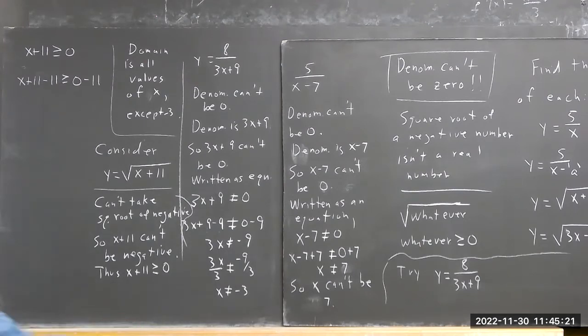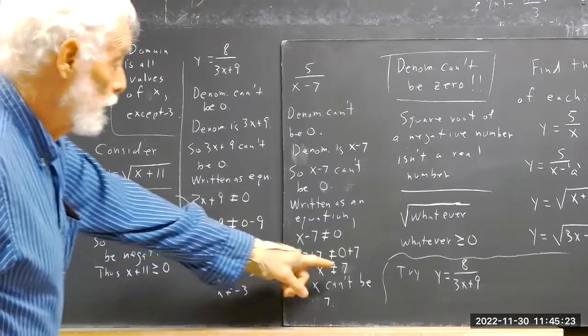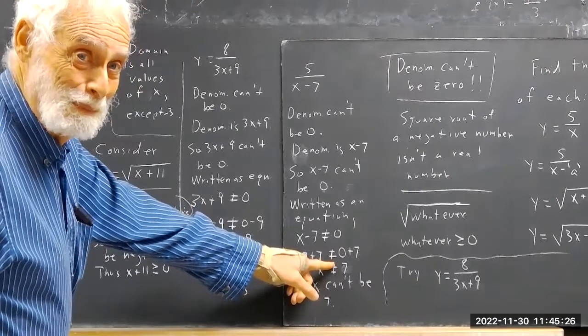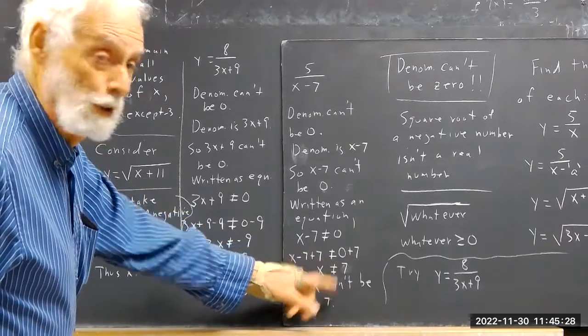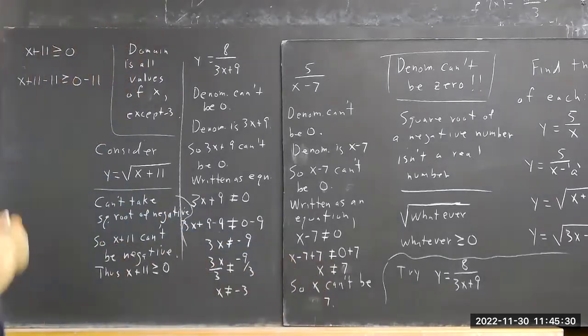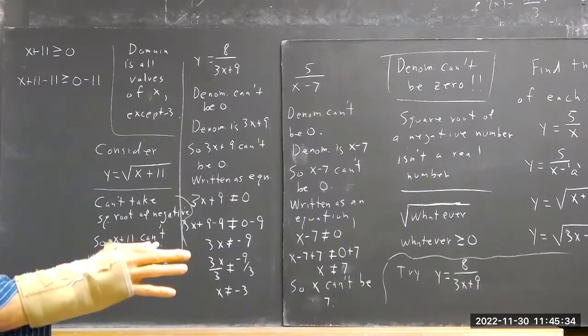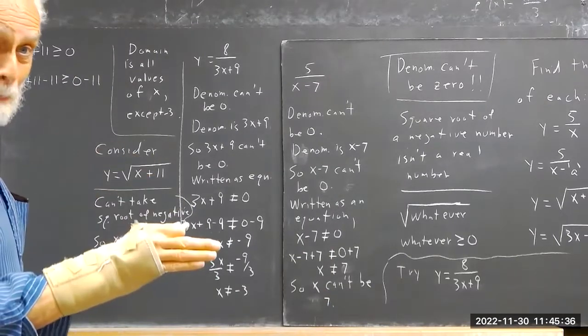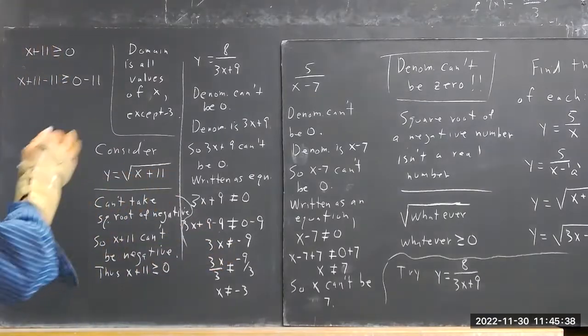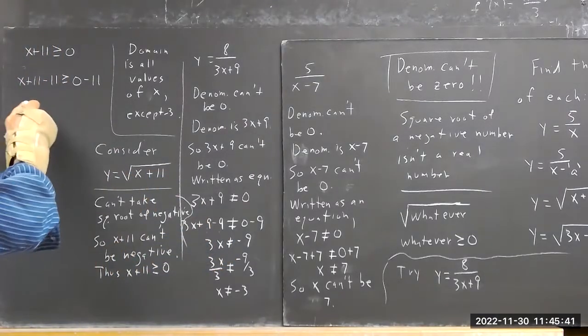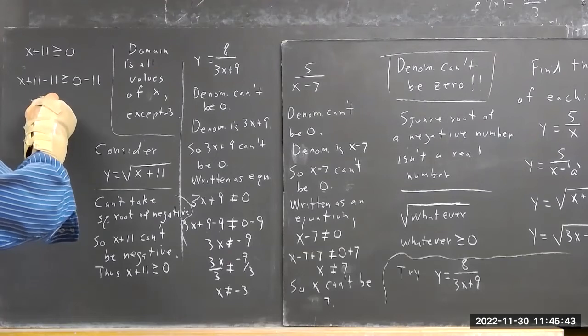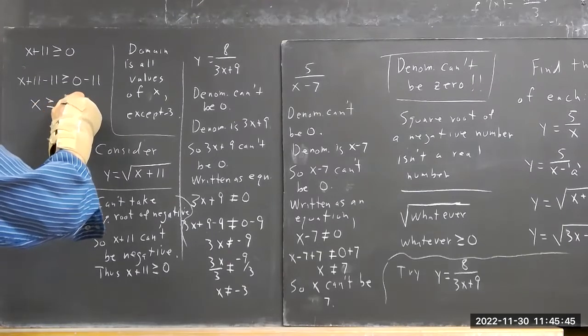Now, I relaxed over here when I got to that point and wrote down something totally wrong, remember? I'm not going to relax. I'm going to try to keep my attention on what I'm doing until I'm done with the problem. Okay, I should know that by now. So we have x is greater than or equal to -11.